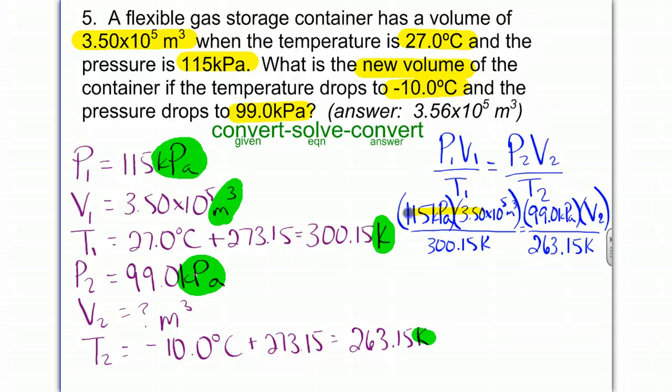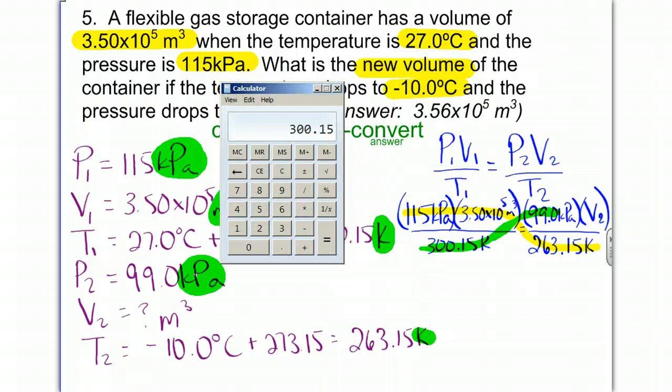115 times 3.50 e to the 5 times 263.15. Then we want to divide by 300.15 and 99.0. So we're going to multiply by what's in yellow, and then we're going to hit divided by each number that's in green.